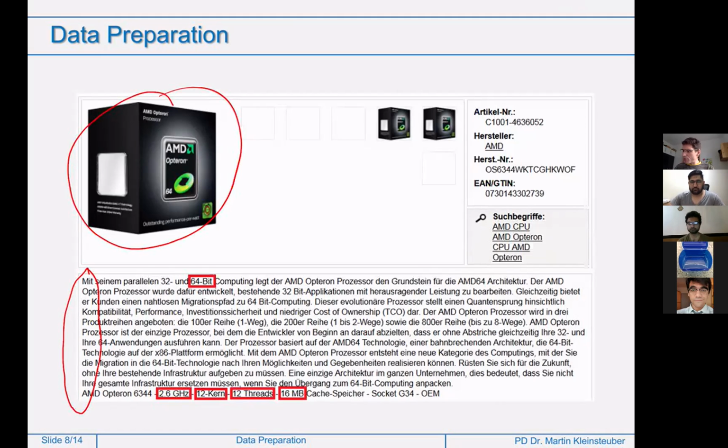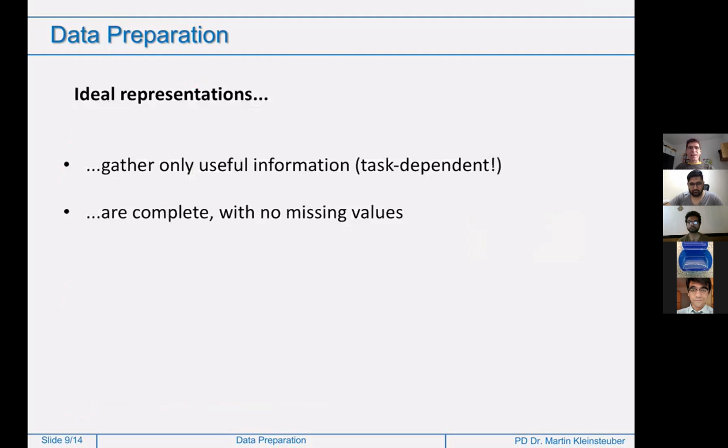And not only that, you also have very informative strings that you have to deal with, like a manufacturer number and all these things. So this is hard to model and to see how you can grasp that. How can we get to representations of this data or to these random variables?